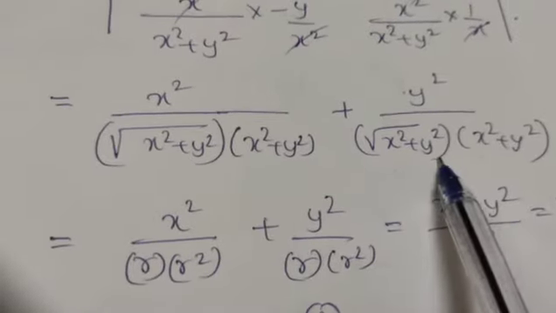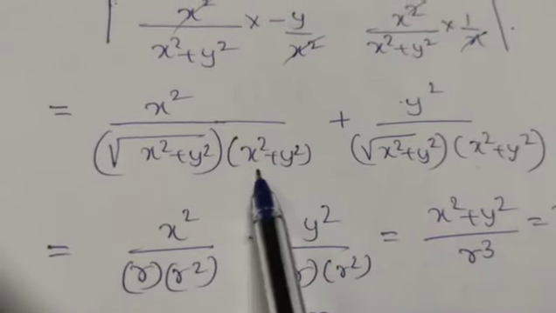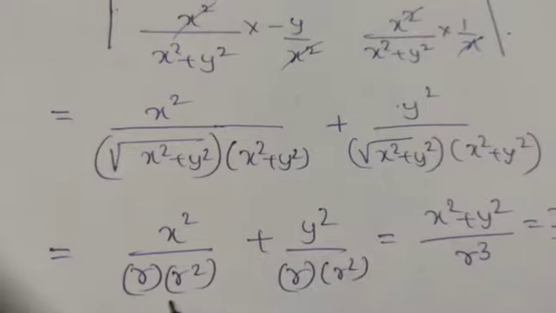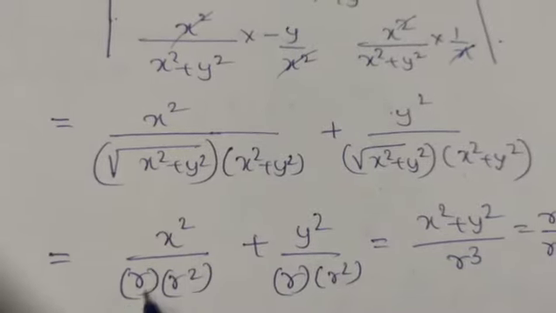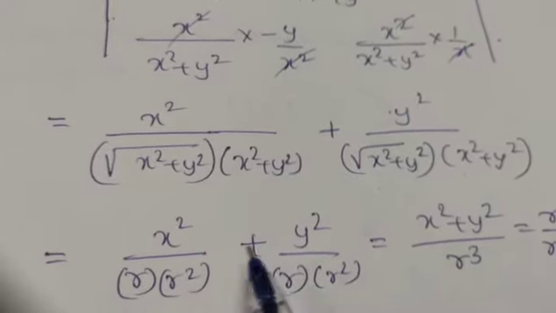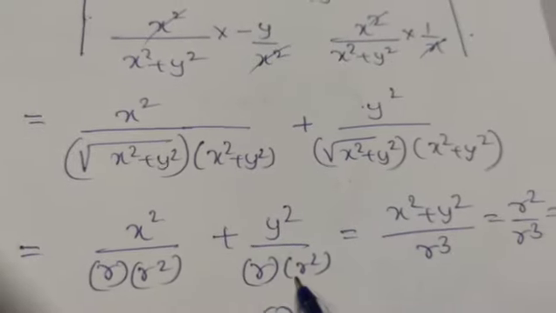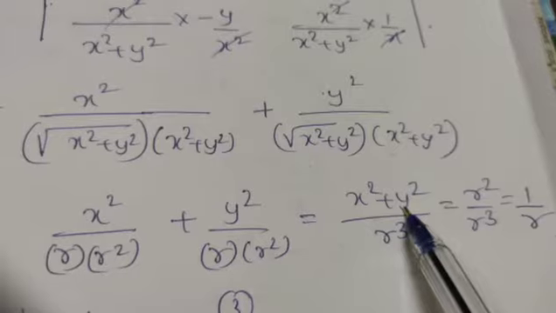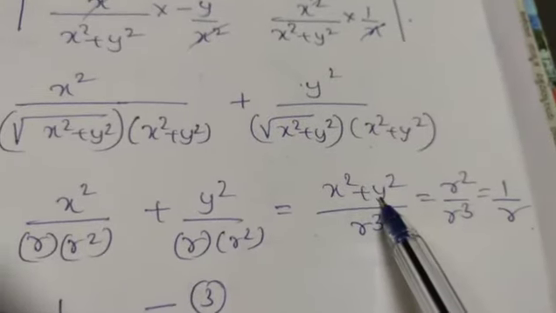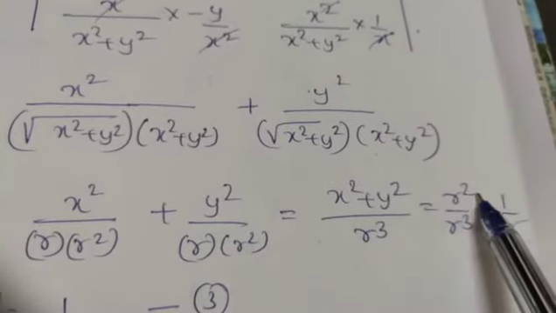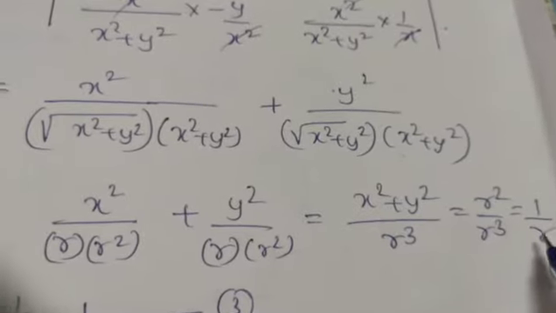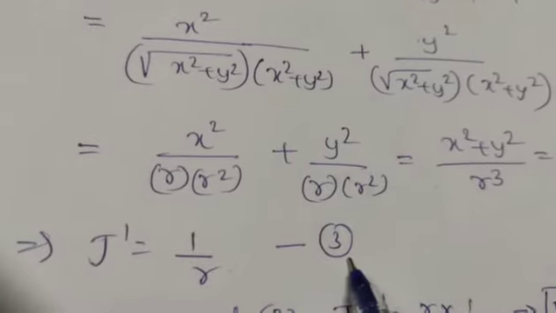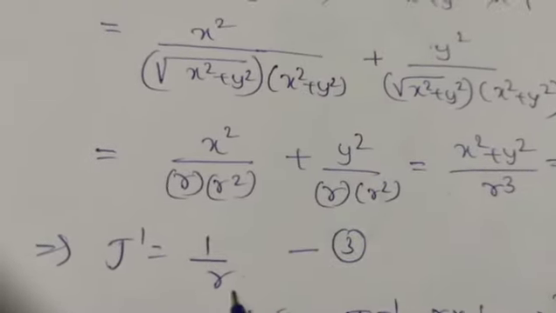Both the denominators are same. We know x² + y² is r², and this is r. So x²/r³ + y²/r³. Taking LCM, r³ is the LCM. Adding numerators, you get x² + y², and we know x² + y² is again r². Simplifying this, you get 1/r. Take this as the third equation: J' is equal to 1/r.